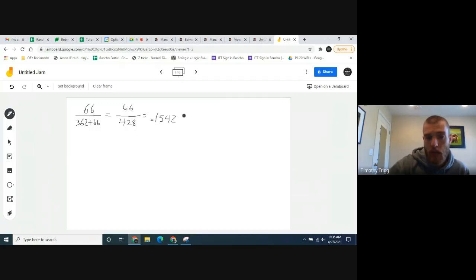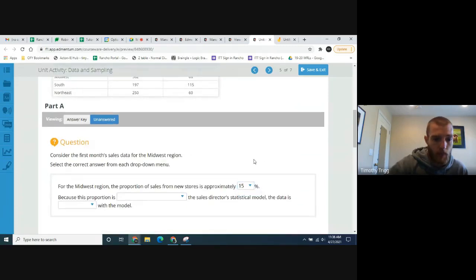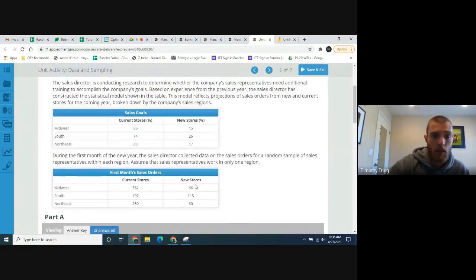So when you change it to a percent, you move the decimal over twice. So this is 15.42%. Okay. Because this proportion is blank, the sales director's statistical model, the data is blank with the model. Okay. So here's the sales goals. In the Midwest, he wanted 15% from new stores, and that's what he got.